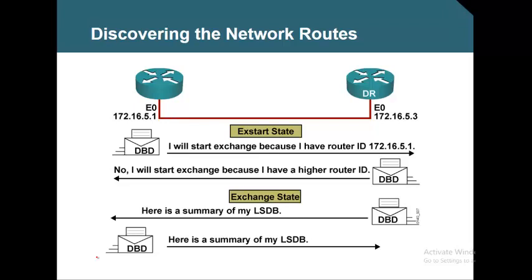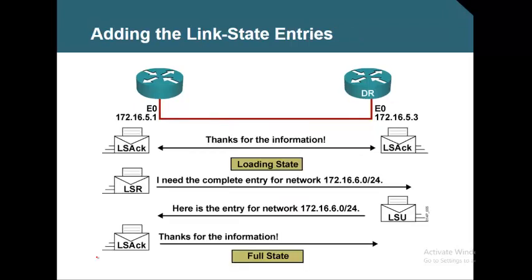But I told you the DBD is a summary of LSDB. So there may be a need for clarification. That is where the loading state comes. Okay, here is the acknowledgement for DBD. And here the loading state comes, where they clarify their doubts. Router A is sending, hey, I need complete information about this network.